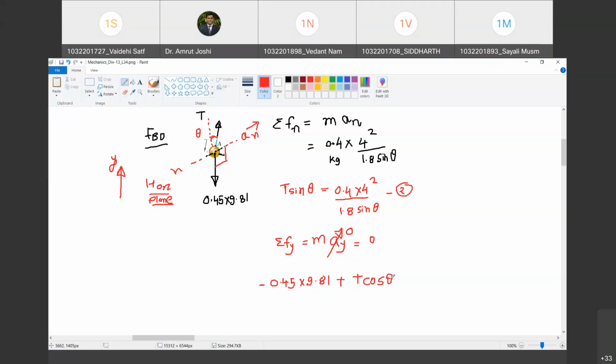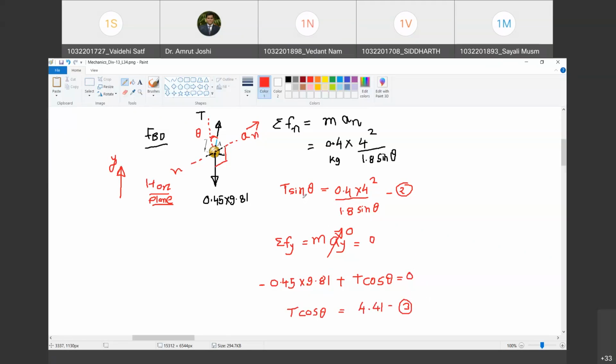This must be equal to 0. So how much is T cos theta? T cos theta is equal to 4.41. This is equation number 3.